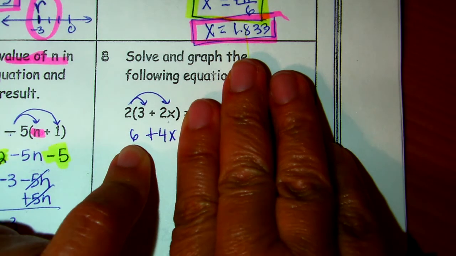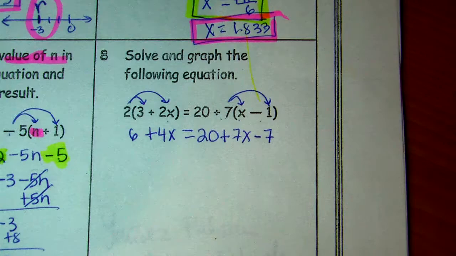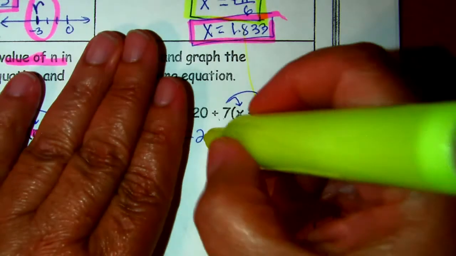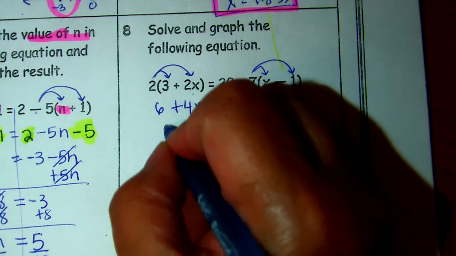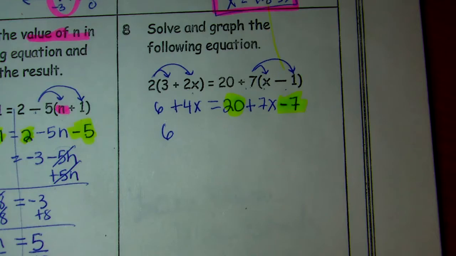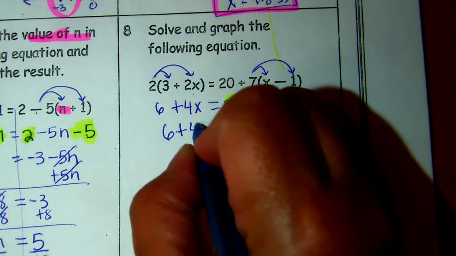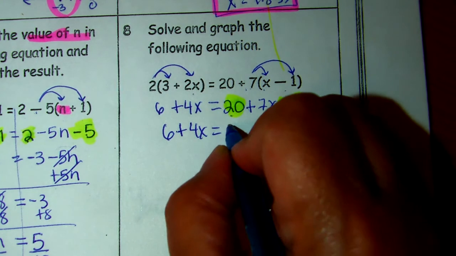No. We cannot combine the 6 with anything else, and we cannot combine this with anything else. Over here, which ones can we combine? We can combine the 20 with the -7. So I'm just going to bring down 6 plus 4x equals 20 minus 7 gives you 13 plus 7x.